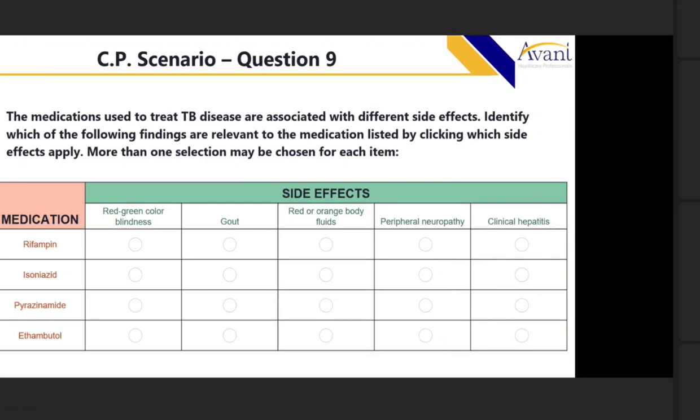Okay, so side effects of rifampin. Do they include red or green color blindness, gout, red or orange body fluids, peripheral neuropathy, or clinical hepatitis? Isoniazid, I never can say that one. Does it come with any of those side effects?